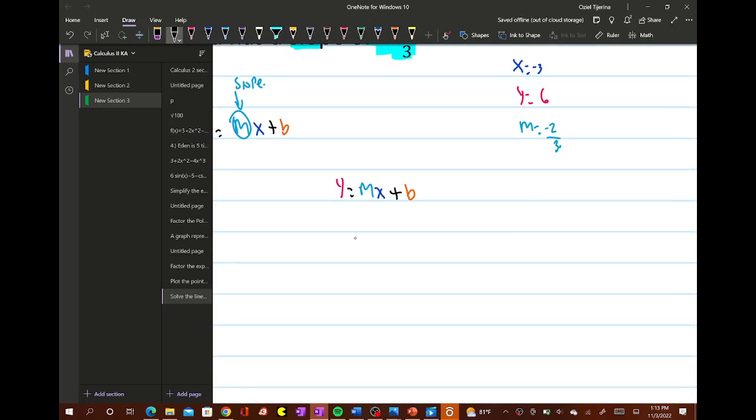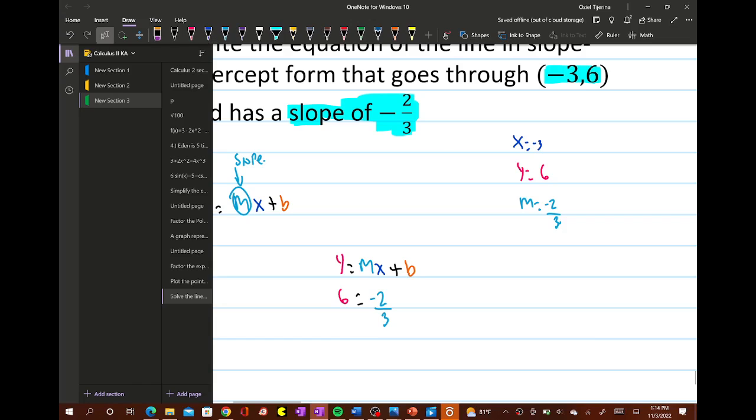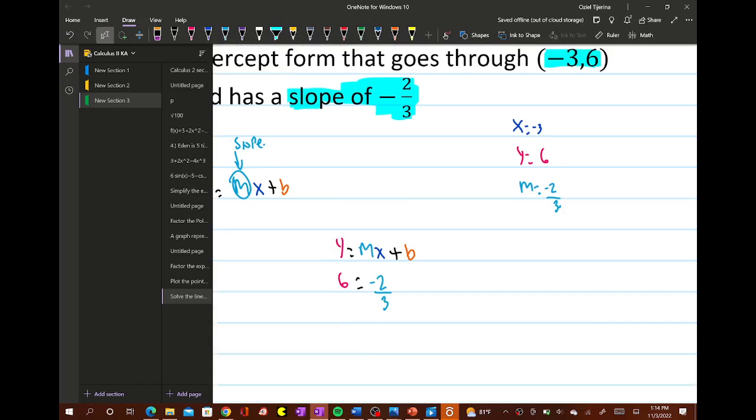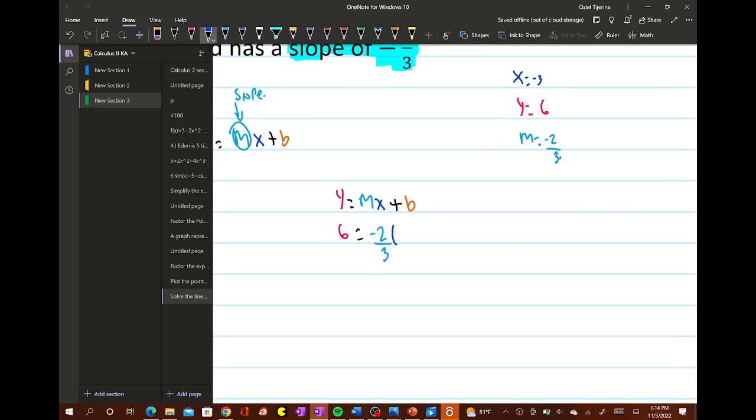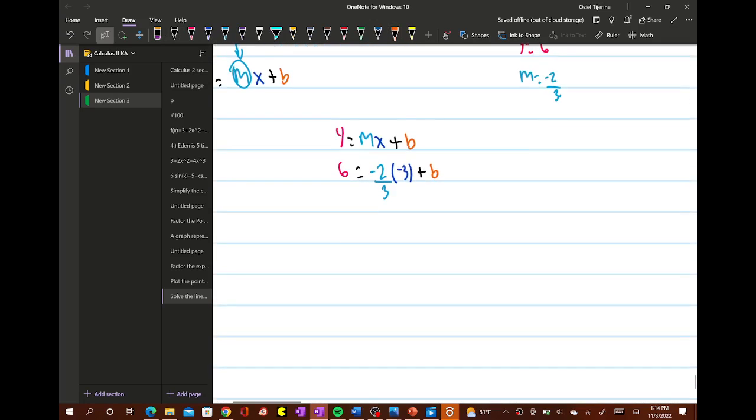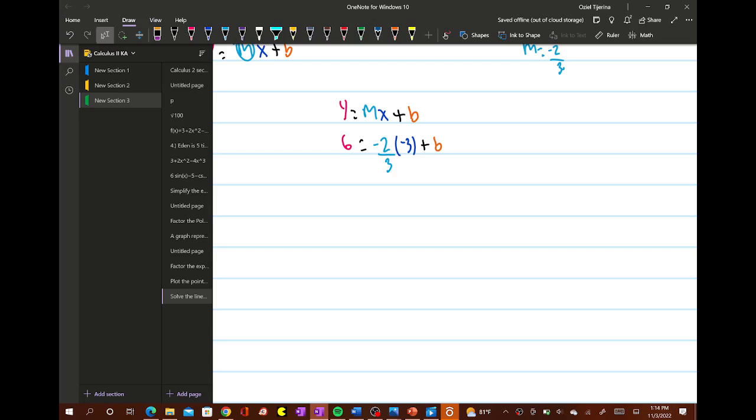Here, I know that y is 6, so 6 equals, and my slope is -2/3, so -2/3, and x is -3 because it goes through the point (-3, 6), so times -3, plus b. Now it's a matter of solving for b.